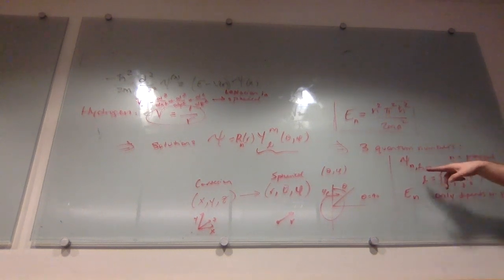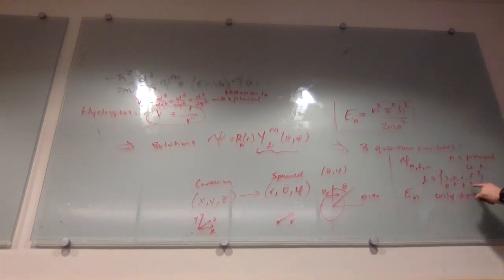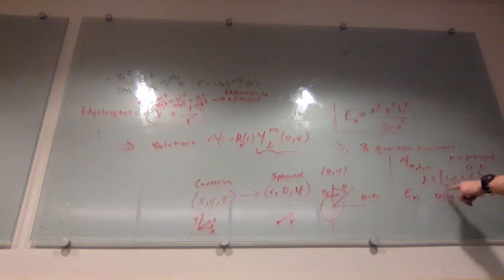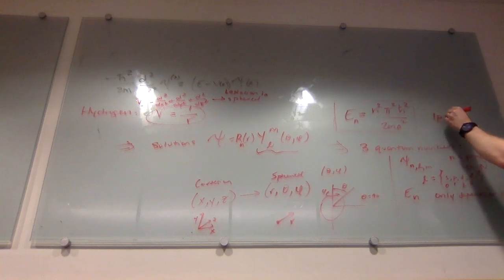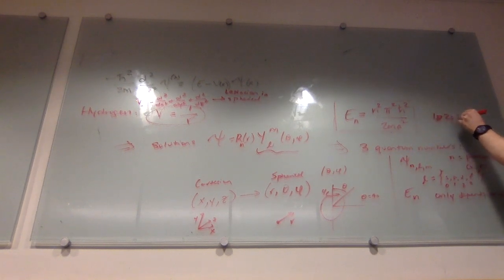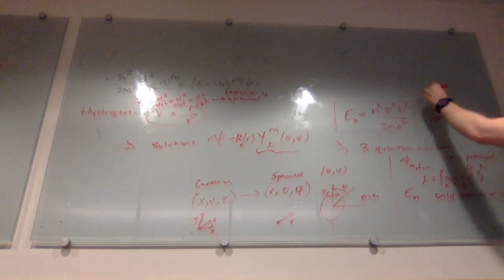Anyway, there's a whole other thing that relates them together. They're not independent. l equals 0 is called the s orbital, l equals 1 is called the p orbital. Then you have 1s, 2s, 2p, 3s, these orbital diagrams. This is n.